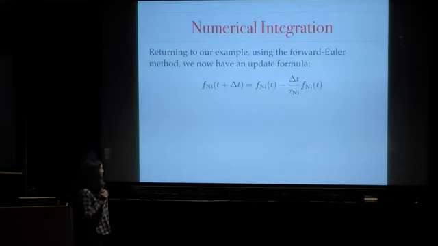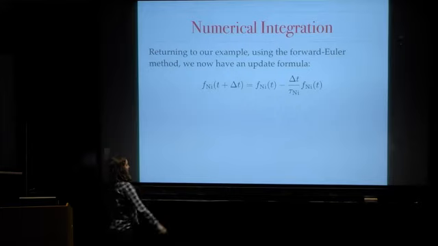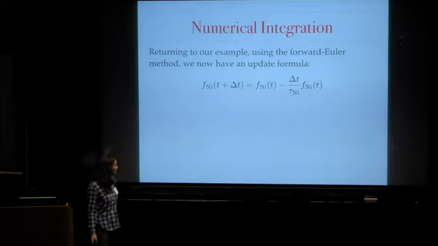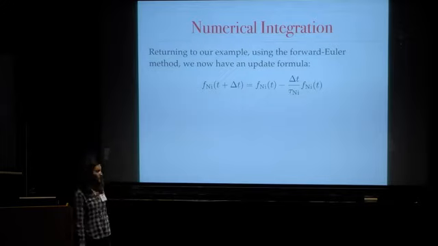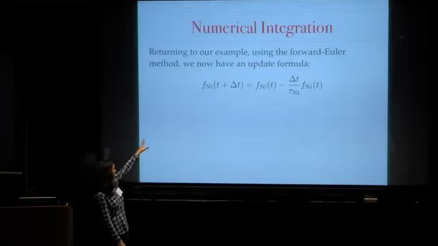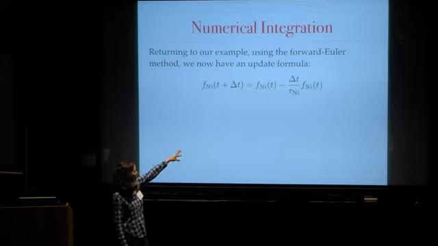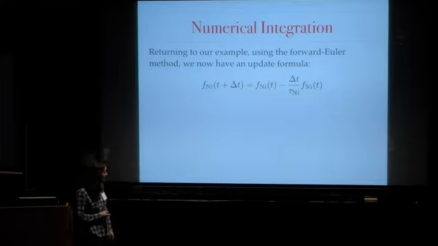Okay, so let's return to the example with nickel 56 just to illustrate this a little bit more clearly. What our forward Euler update now gives us for this particular equation is that f of t plus delta t is just equal to f at t plus delta t over tau minus delta t over tau times f nickel 56.